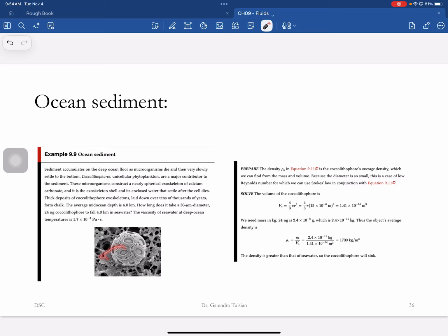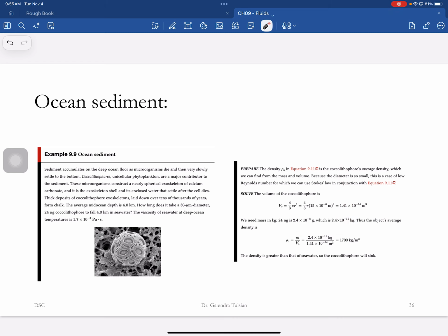So these guys are tiny, and when they die, they eventually fall to the ocean floor. This problem will show you how long it takes for them to fall to the ocean floor.